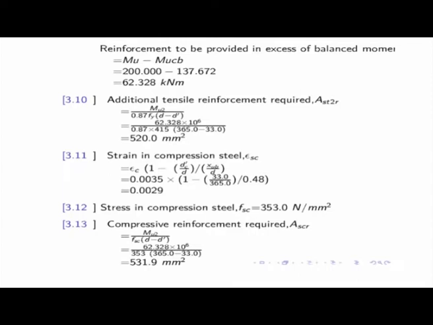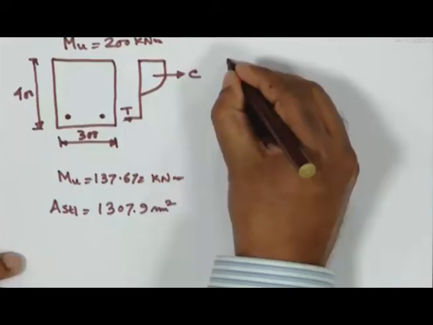So coming to this one, reinforcement to be provided in excess of the balanced moment, which we are getting here, Mu minus Mu,c, is coming 62.6328 kilonewton meter. Now I have to provide reinforcement for steel, which will be in the compression side as well as the tensile side. So I have to provide reinforcement here also.